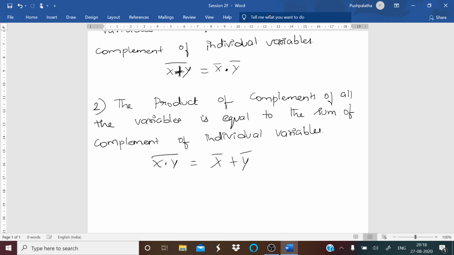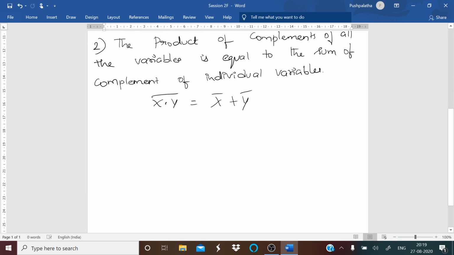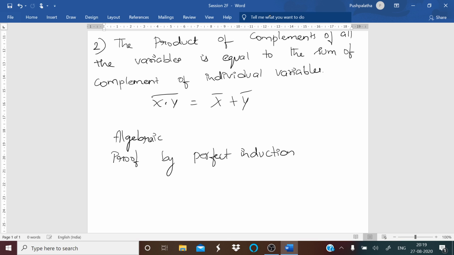So there are different ways of proving this theorem, and they may ask you specifically to prove in a particular manner. One is your algebraic method of proving, the other is proof by perfect induction or by the truth table.